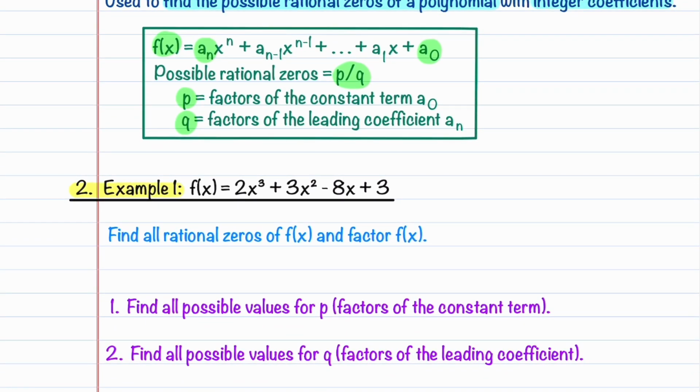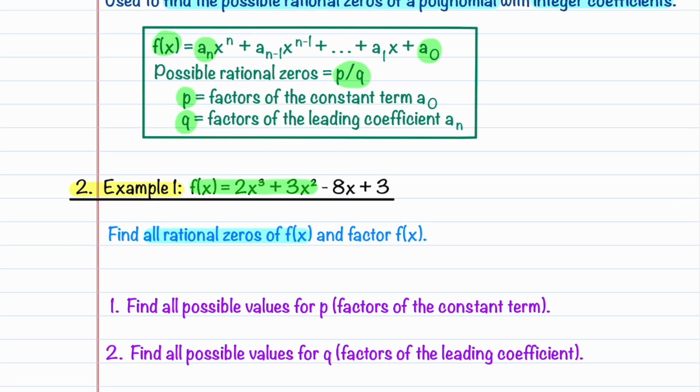Let's look at our first example. In this example, we are going to find all the rational zeros of f of x, where f of x is 2x cubed plus 3x squared minus 8x plus 3, and then we'll factor f of x. Let's start by writing down f of x.